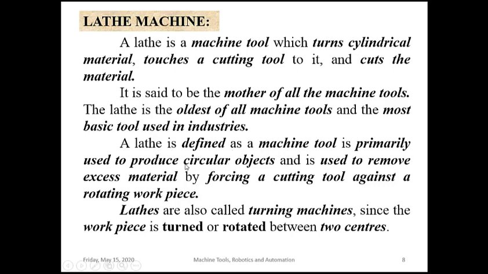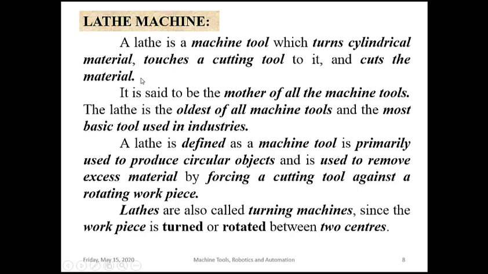It's a machine tool used to produce circular objects and used to remove the excess material by forcing the cutting tool against a rotating workpiece. Next, it's a machine tool which turns the cylindrical material, touches a cutting tool to it and cuts the material. So it makes the cylindrical material rotate at very high RPM, and then it makes the cutting tool touch the rotating workpiece and it cuts the material.